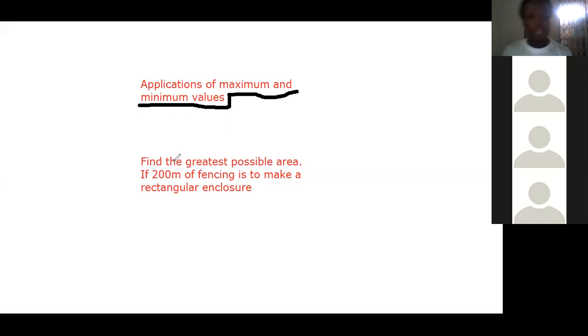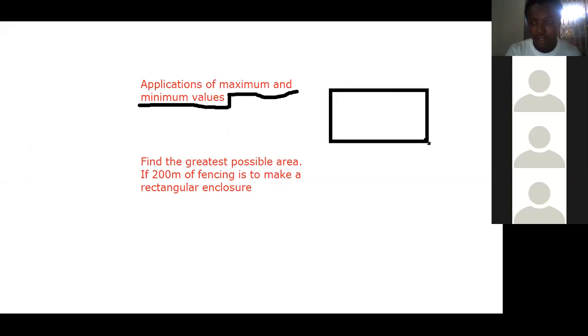Now, if you have a rectangle like this, you know the rectangle has four sides, but two equal sides. So let's name one of the parts x cm, that's the distance, and here will be y cm.